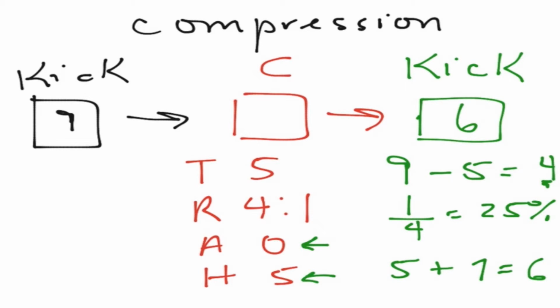If you want to look at it a different way, you reduce the volume of your kick by 75%, or you increase the threshold setting for your kick by 25% of what it's over, which is 25% of 4. Then when you do the equation, it gives you the new kick level.